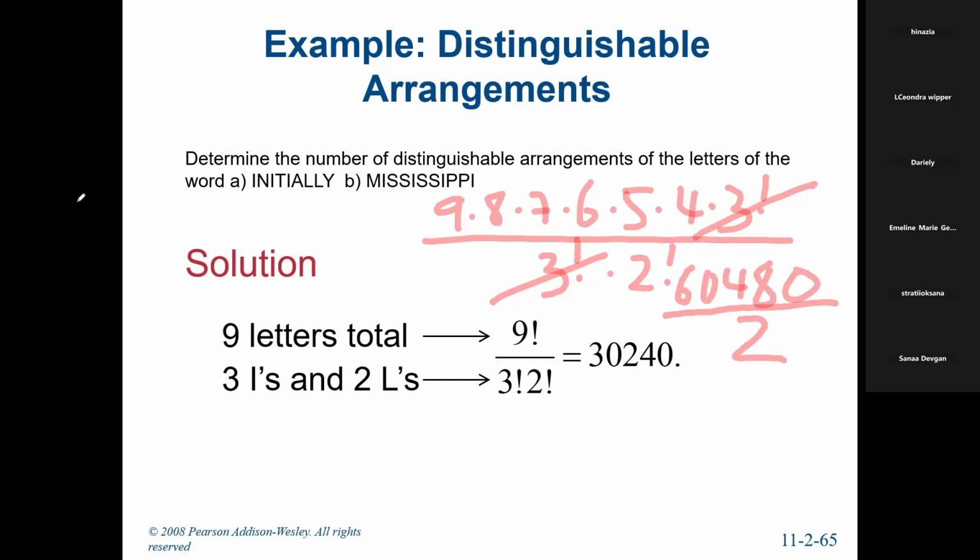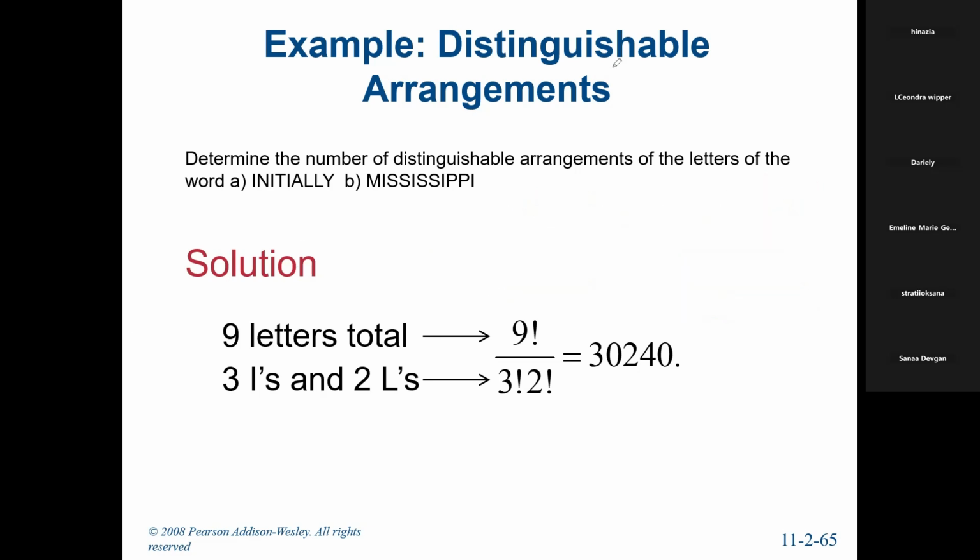Now, part B, Mississippi. Okay? Got that word. This is the word, all right? 1, 2, 3, 4, 5, 6, 7, 8, 9, 10, 11. So this word, Mississippi, has 11 letters. Yes or no? Yes.